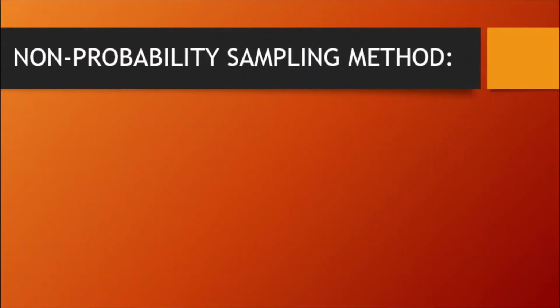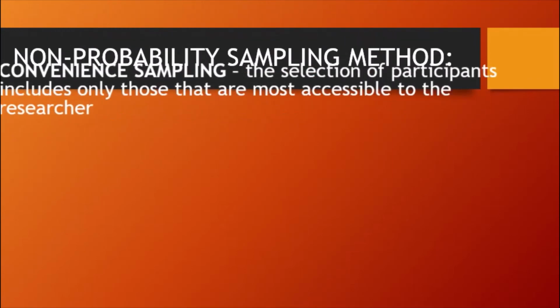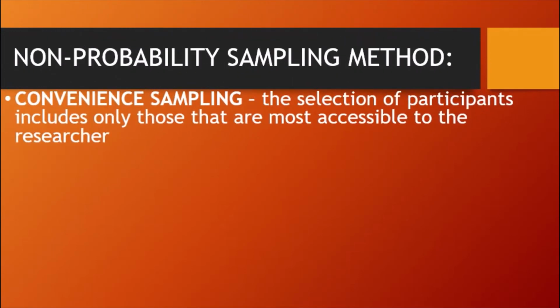A while ago, we mentioned that there are two sampling methods, the probability sampling method and the non-probability sampling method. In non-probability sampling, not everyone has an equal chance of being selected. There are four non-probability sampling methods. The first one is the convenience sampling method.